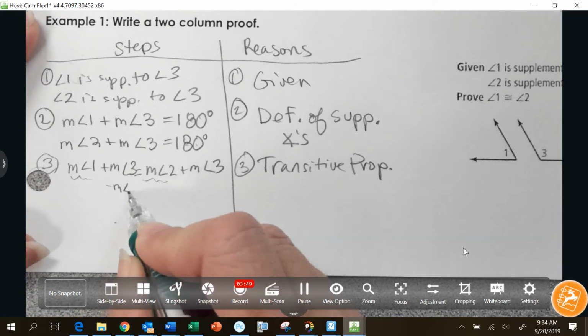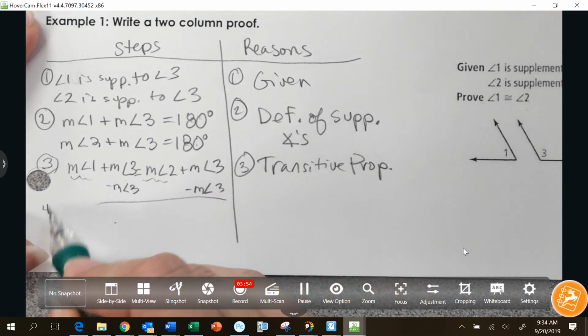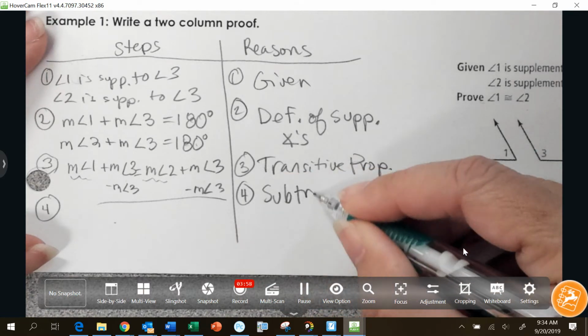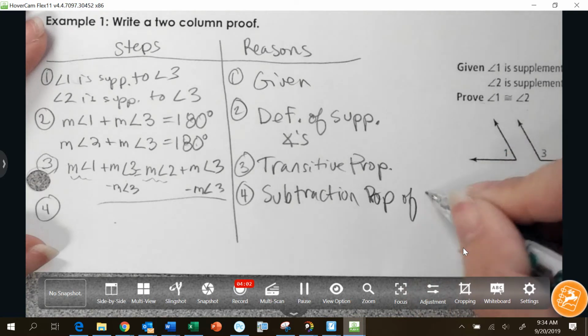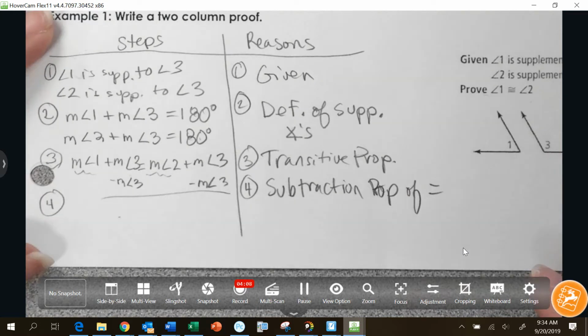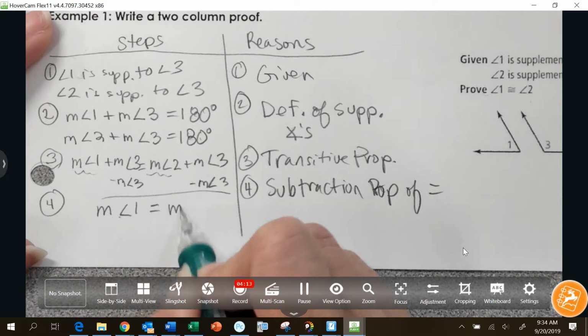What property allows us? Subtraction property of equality. The subtraction property of equality allows us to subtract the same thing from both sides of the equation. And when we do that, we have measure of angle 1 equals measure of angle 2.